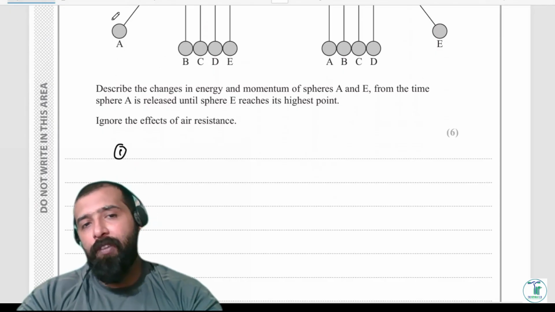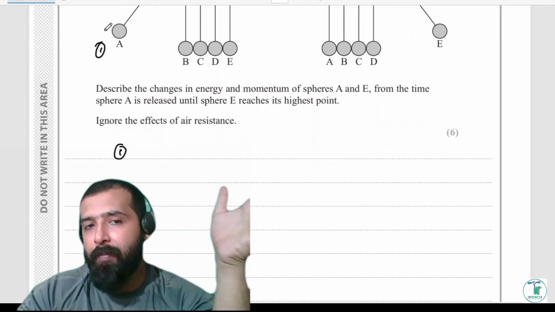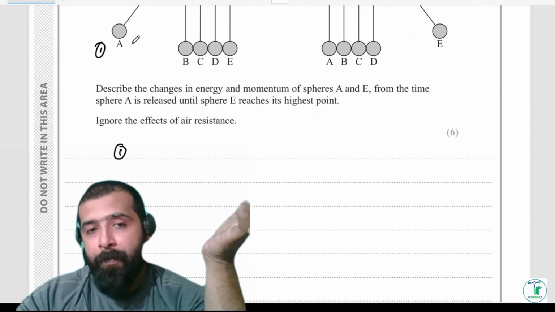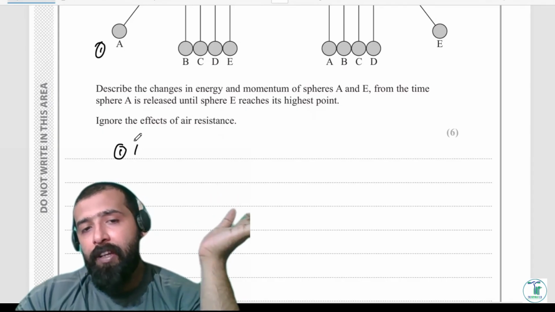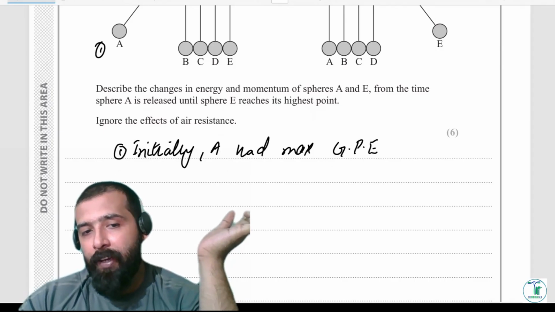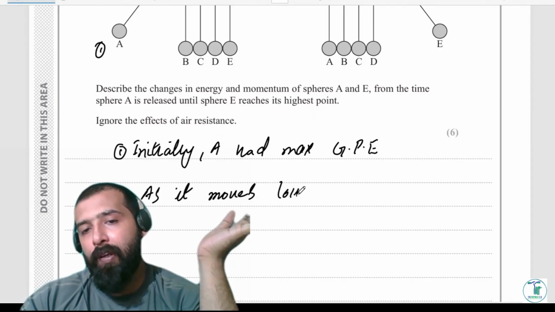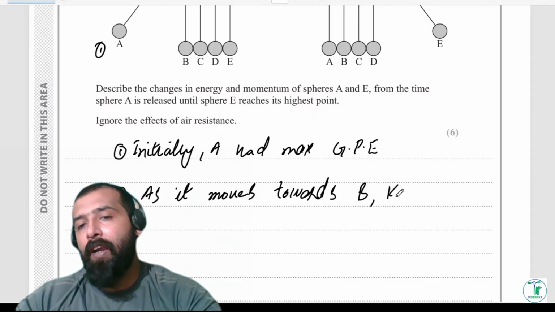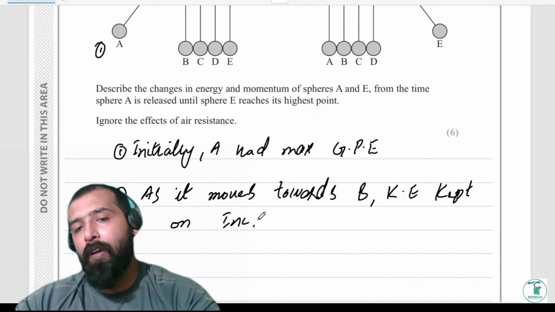First of all, I'm going to start with this point: A being at its highest mean position. When A was at its highest extreme, what does that mean? Initially, A had maximum gravitational potential energy, right? Secondly, as it moves towards B, kinetic energy kept on increasing, right?